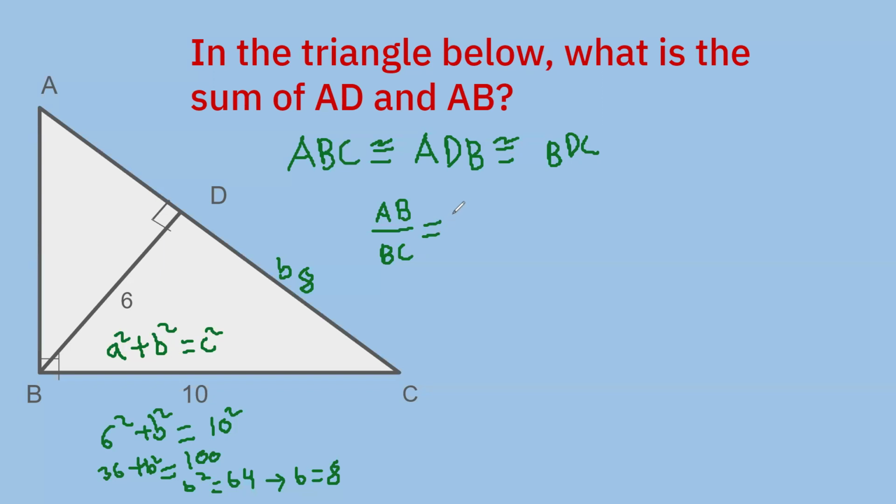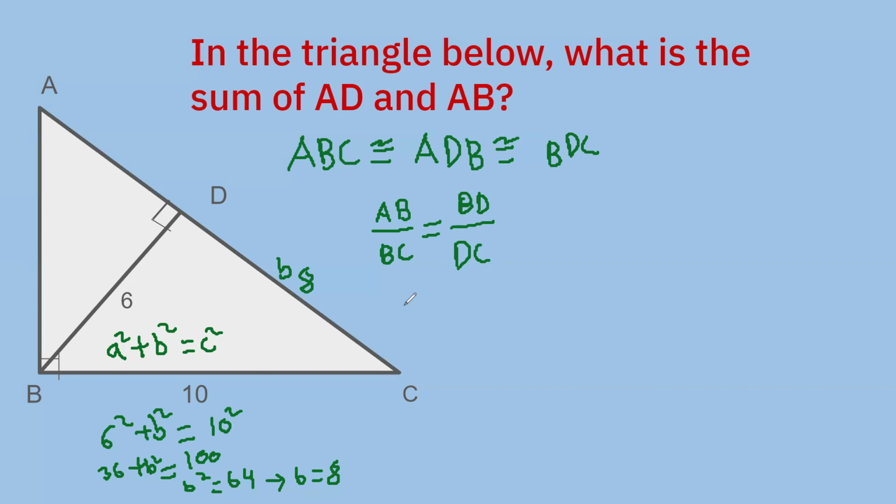equals the corresponding part for AB, which is BD, over DC. Okay. And now we can start plugging things in.